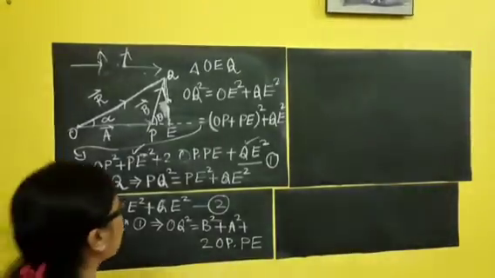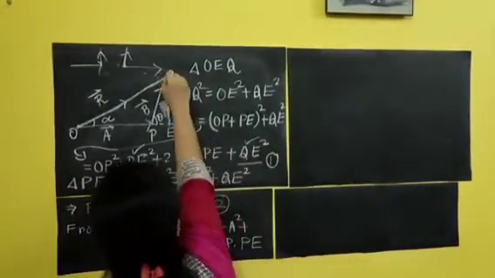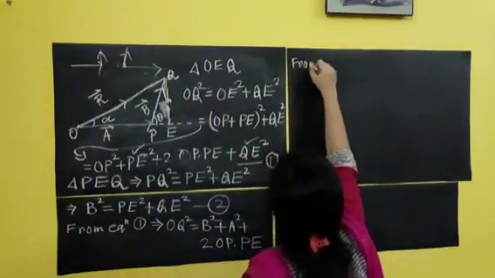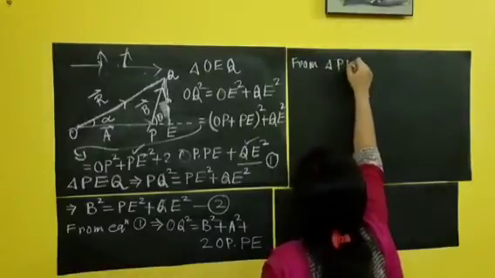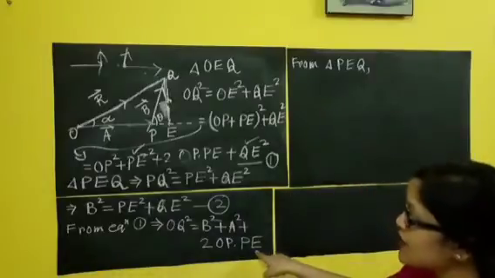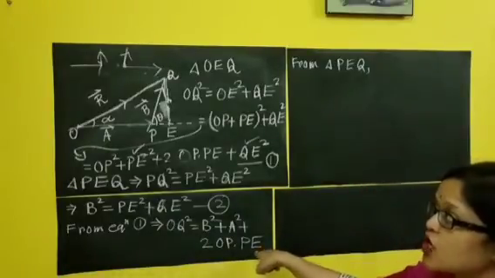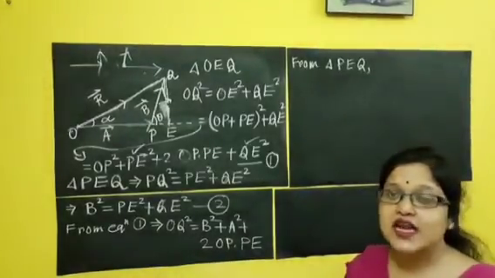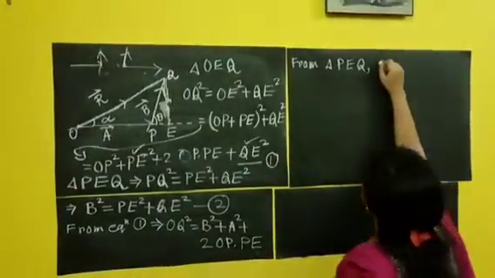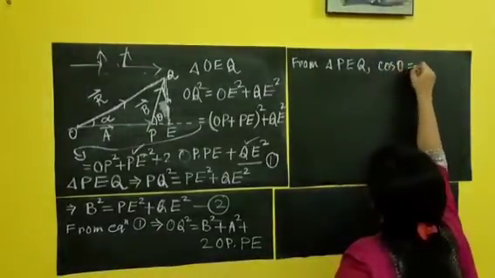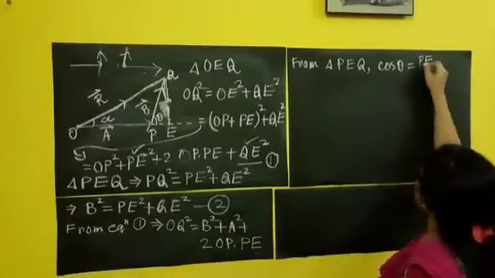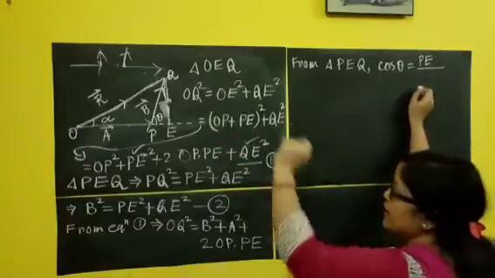So let's go again for triangle PEQ. From triangle PEQ, see, I need what? I need PE. PE is the base. So what is the relation between base and hypotenuse? Base and hypotenuse, that is cos theta, where theta is the angle between the two. So cos theta equals base PE by hypotenuse PQ.